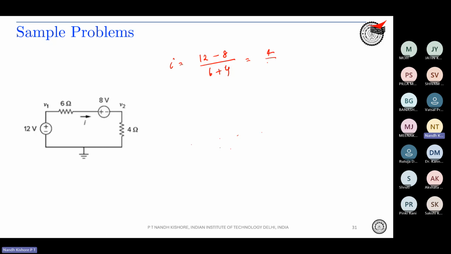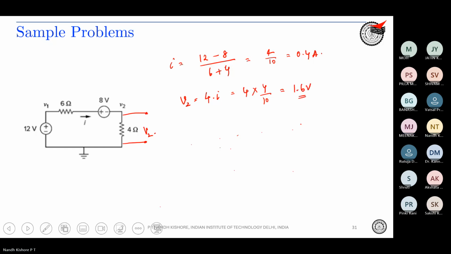So 4 by 10, 0.4 amperes. So V2 is 4 into the current, which is 4 into 4 by 10, that is 1.6 volts.